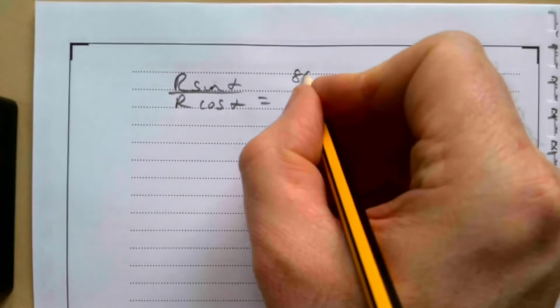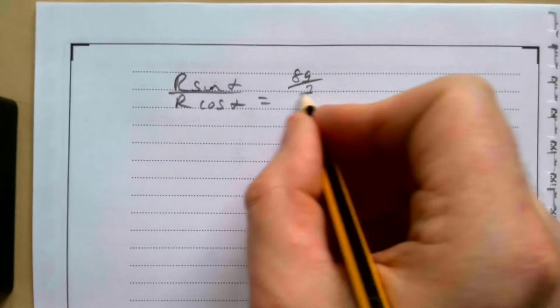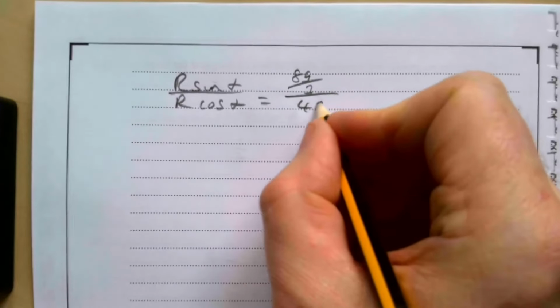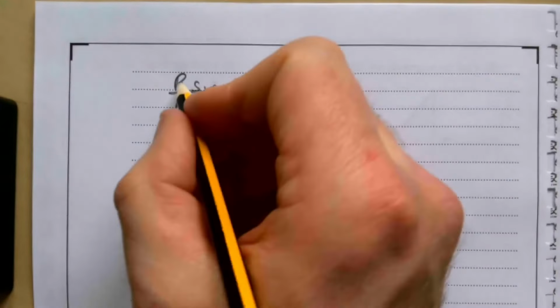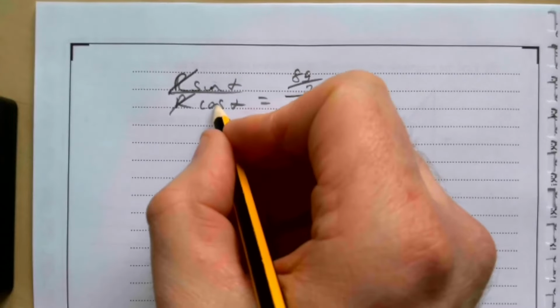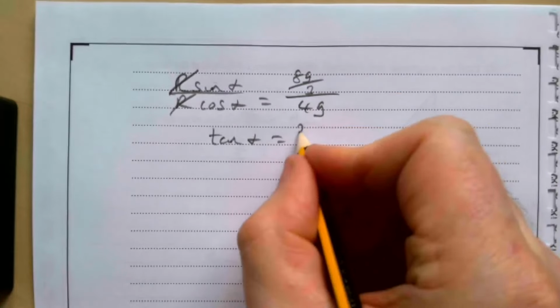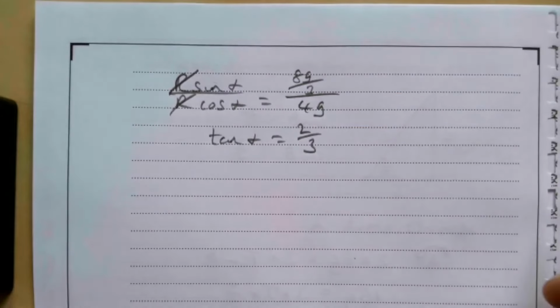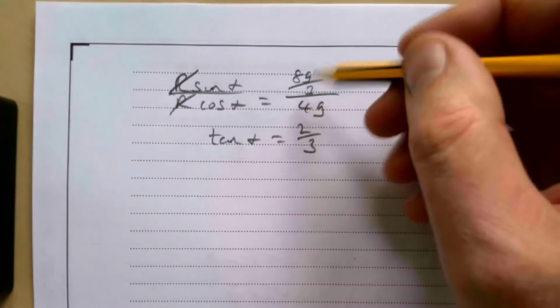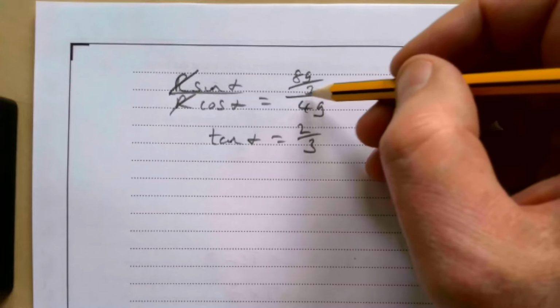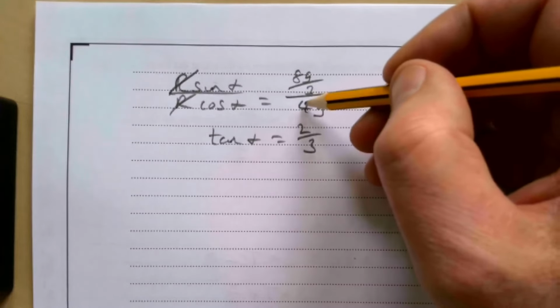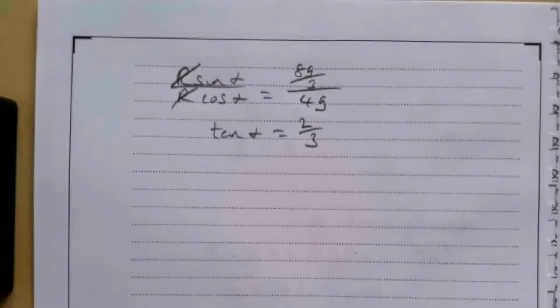As we had, 8g over 3 was our R sine alpha, and we have 4g over here. The R's cancel, sine alpha over cos alpha gives us tan alpha, and that comes to 8 over 12, the g's cancel, and we have 2/3.